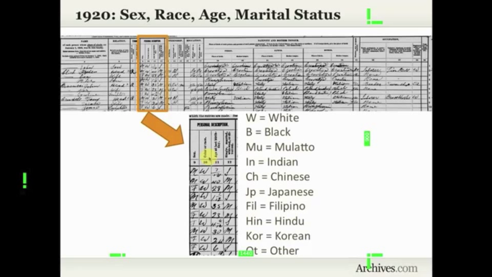One note about the instructions that were given to the census takers is that African Americans who were determined to have any amount of white blood were supposed to be enumerated as mulatto. So you will see differences in how race is recorded from one census to another. That's not unusual to find.